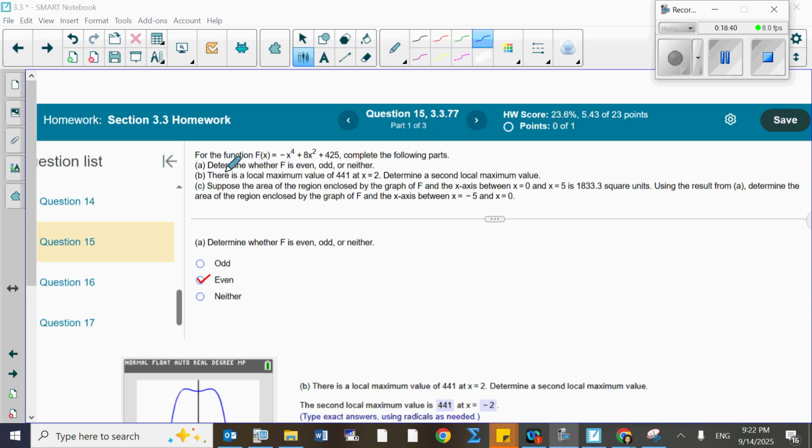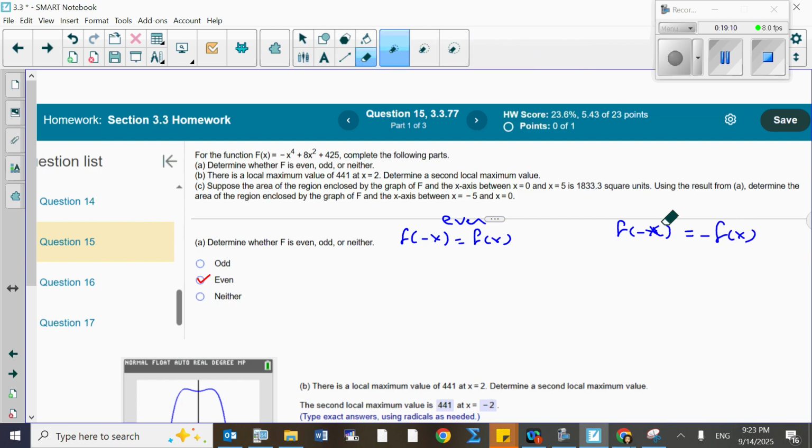Question 15 gives us this function and is asking us to find if it's even, odd, or neither. So the first thing that I can do here is find f of negative x. And we know if f of negative x is equal to f of x, this is an even function. If f of negative x is equal to negative f of x, then this is going to be an odd function for us.